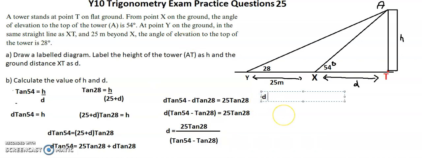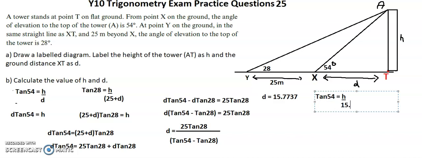This shows me that my D is equal to 15.7737. Now I've found my D value, I can find my H value, because we've got 54 degrees, we know our D now, and I've just got one unknown. So this is our tan relationship. That means I've got tan 54 degrees is equal to my H over D. I don't know what my H is, but I do know my D, which is 15.77.